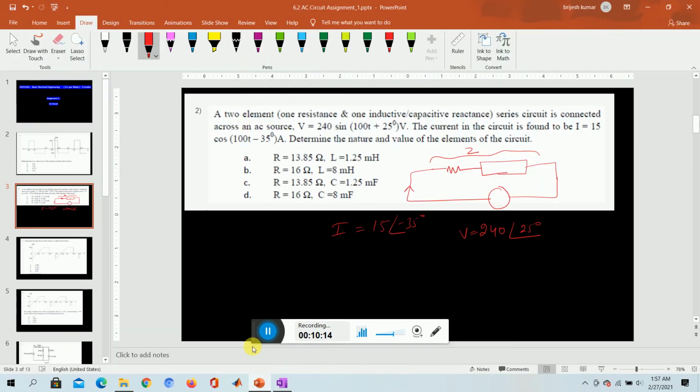So here the value of R is coming around 13.85 and L is not the right answer. Here R is 13.85 and C is 1.25 millifarad. So the C is the right answer here.